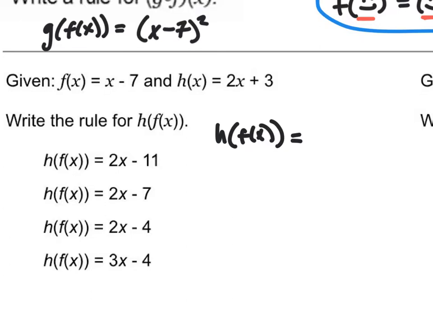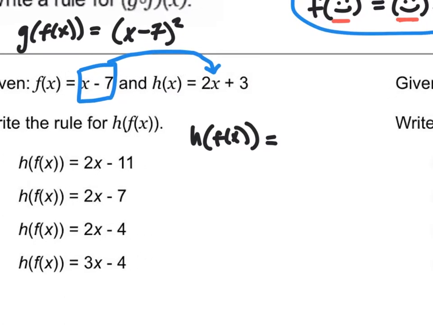Oh no, wait, other way around. Then I would take this, here's my function h, my outside function. I would take my function f and plug that into the x value of my other equation.